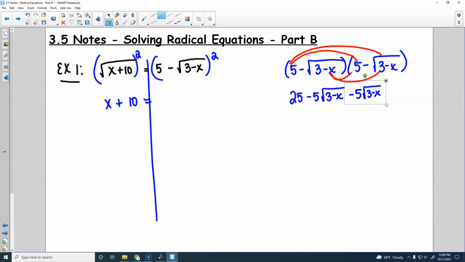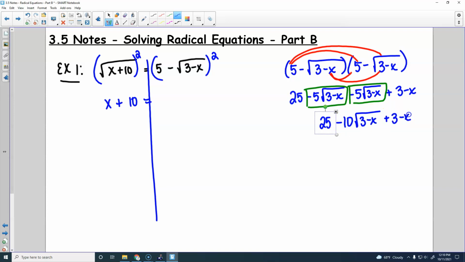The square roots cancel each other out, right? Because it's like having square root of 3 times square root of 3, it's just 3. So this is going to be plus 3 minus x here. And then these two terms right here in the middle both have a square root of 3 minus x, so I could put those together. So I'm going to end up with 25 minus 10 square root of 3 minus x plus 3 minus x.